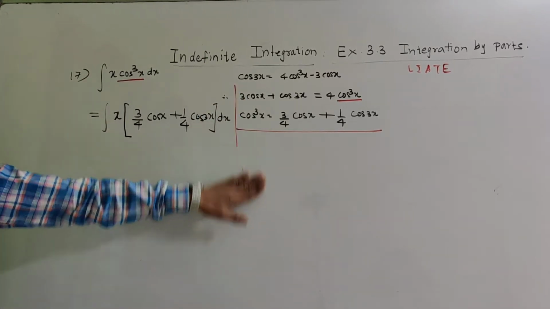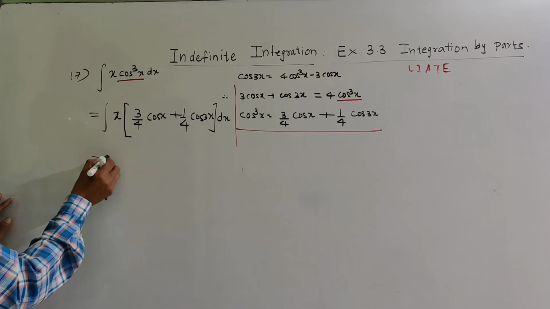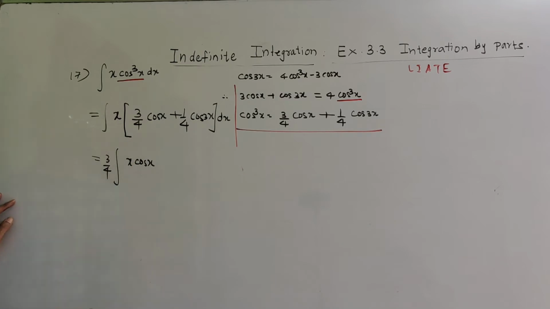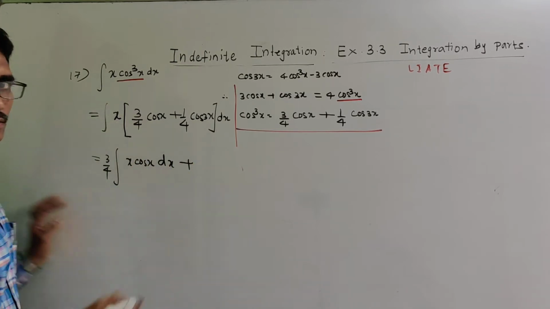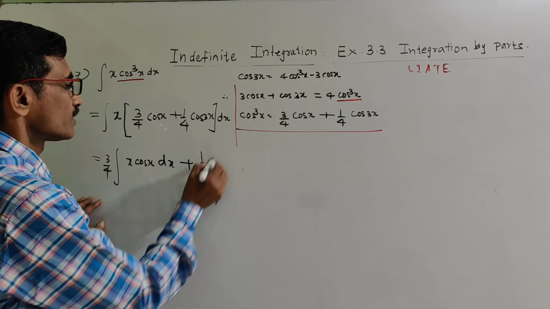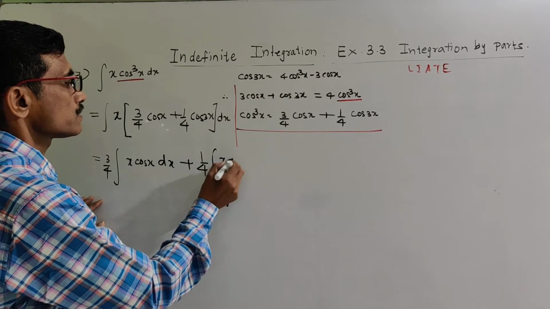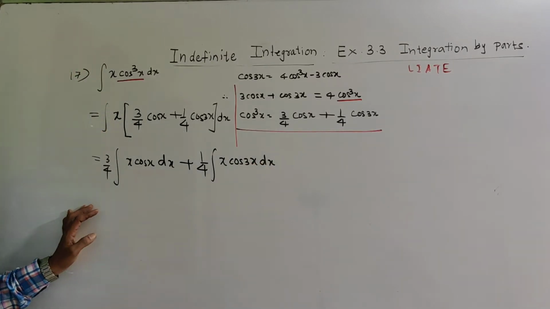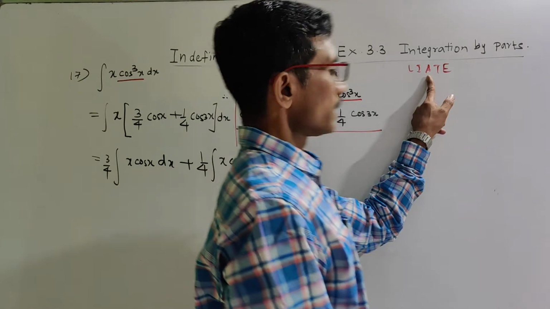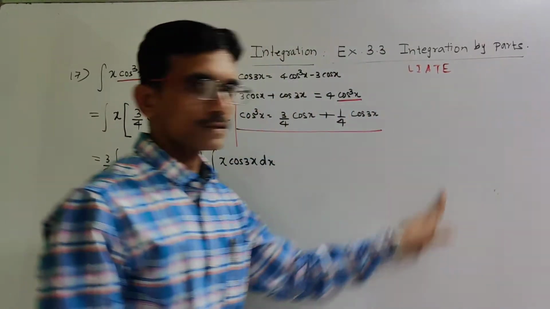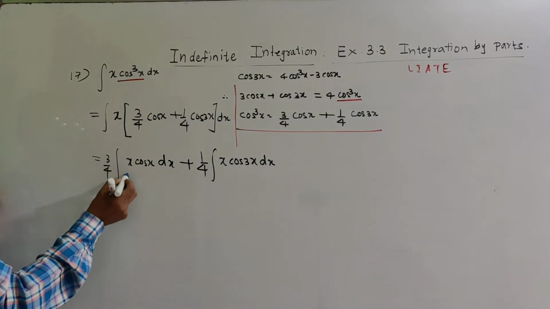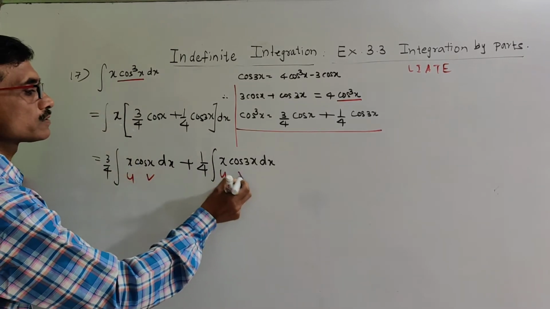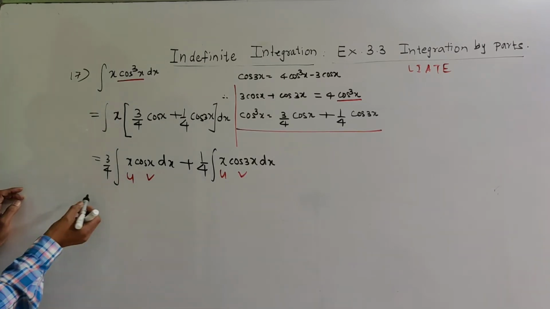So we separate the integral: 3 by 4 integral x cos x dx plus 1 by 4 integral x into cos of 3x dx. Then apply this. Algebraic function is the first function and trigonometric is the second function. So this is algebraic function u and this is v. Here also u and this is v. So integrate it by parts.